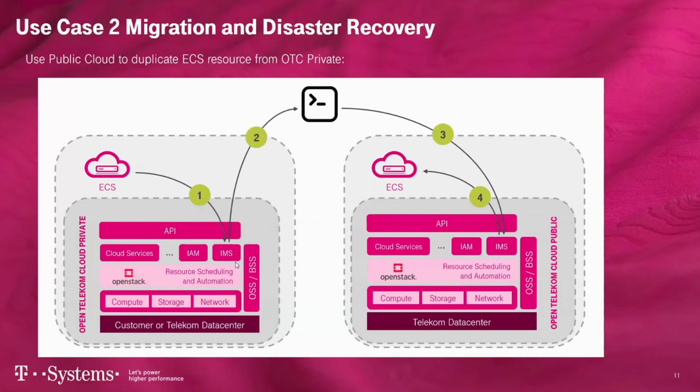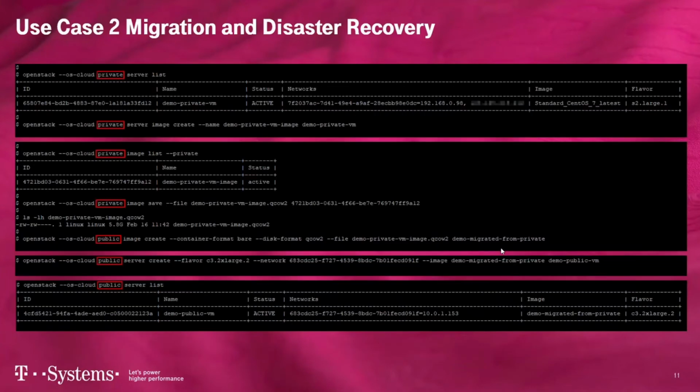This snapshot is stored locally, uploaded to the public side, and then there will be a deployment of another ECS instance based off this image here. So what are the commands? First, let me give you a brief understanding about how to handle this.